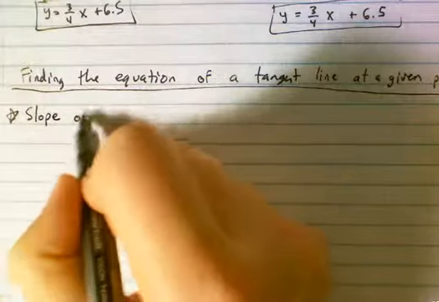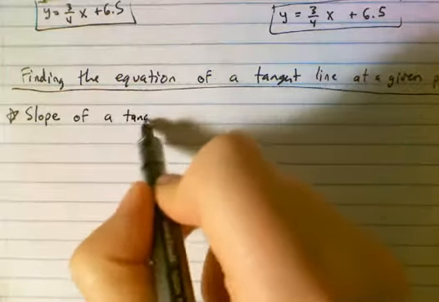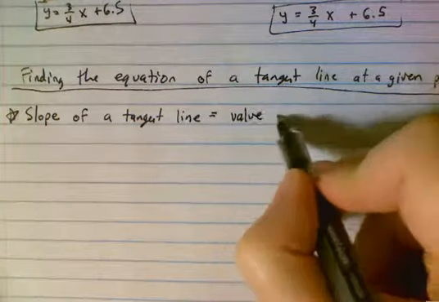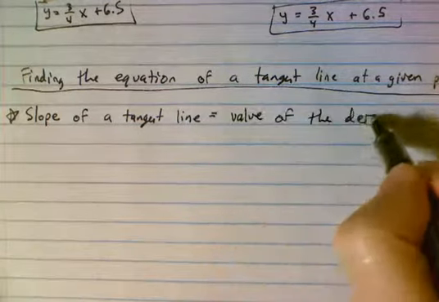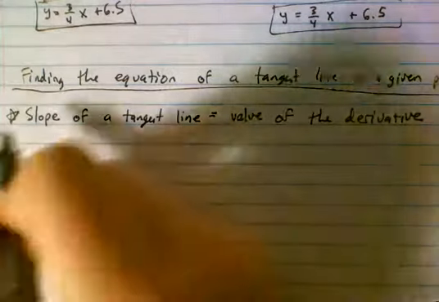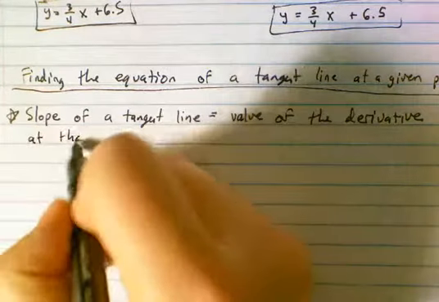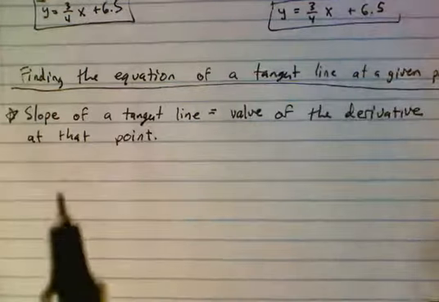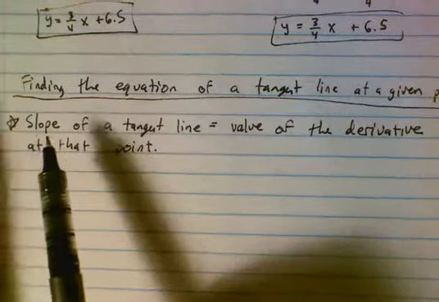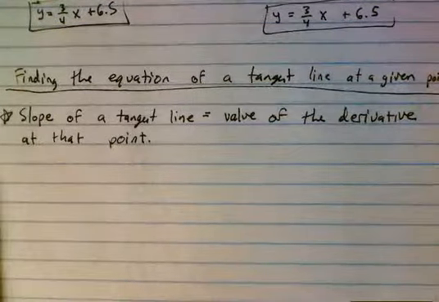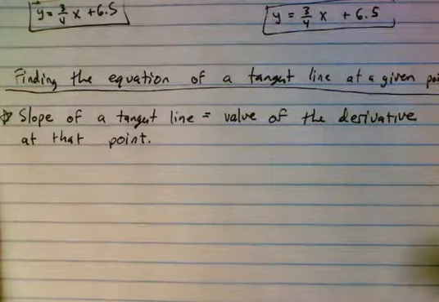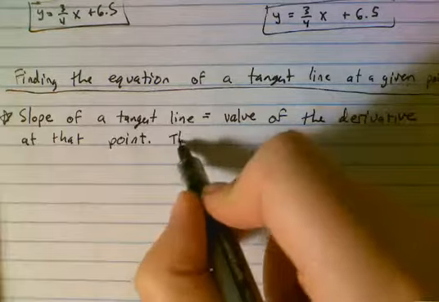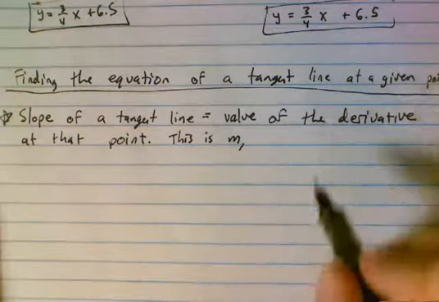The slope of a tangent line is the value of the derivative at that point. Remember, this is one of our definitions of the derivative, as the slope of the tangent line, or the instantaneous rate of change. So if you're looking for a tangent line, your slope is right there coming out of calculus. This is going to be our m, and then the point is generally given.